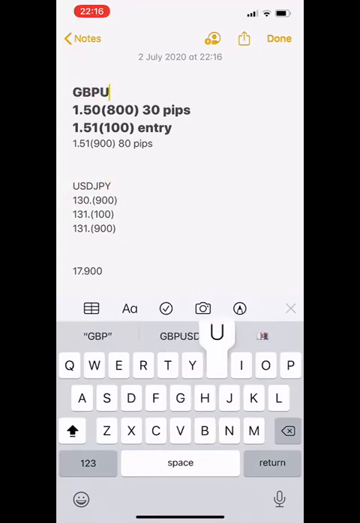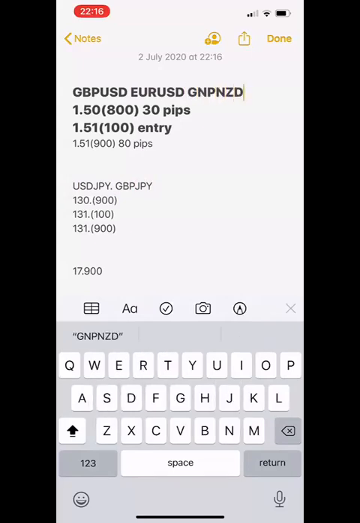So with USD, if you're with me, put number 1 in the chat, so I know you're still with me. With a pair like USD JPY, GBP JPY, and pairs like that, how you calculate pips is different.